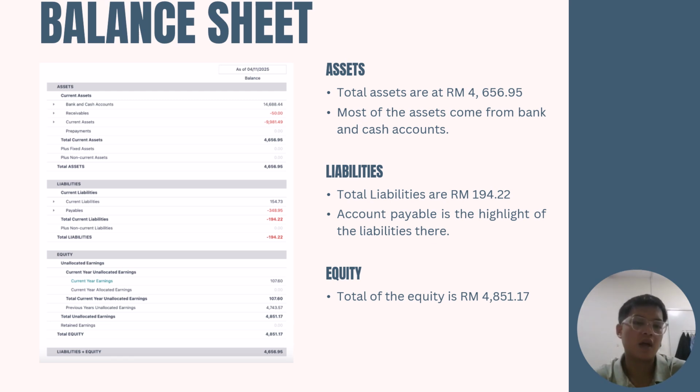On the equity side, it remains robust at 4,851, with the majority stemming from retained earnings accumulated over previous years. This year's earnings contribute an additional 107 and 60 cent, reinforcing our financial stability.